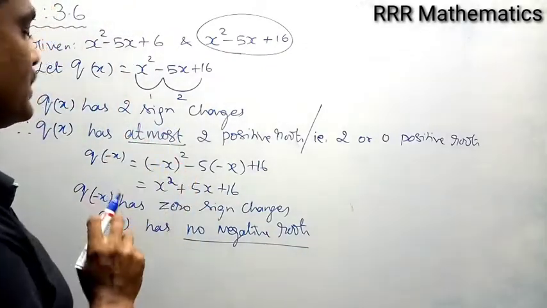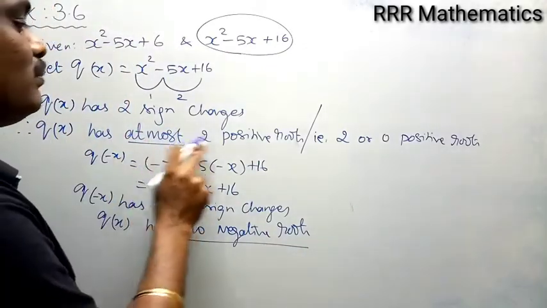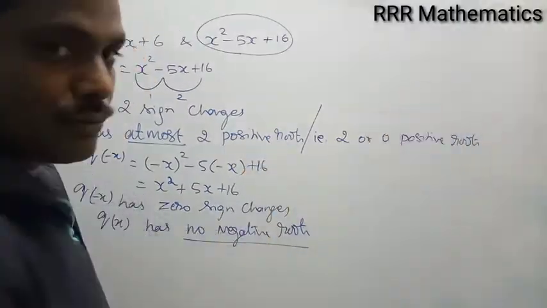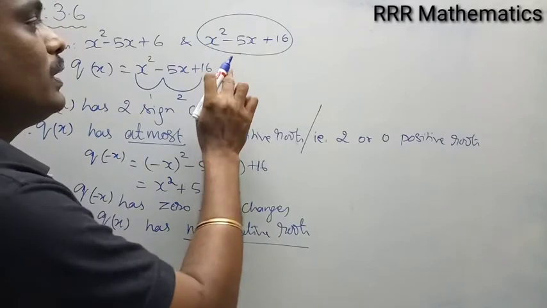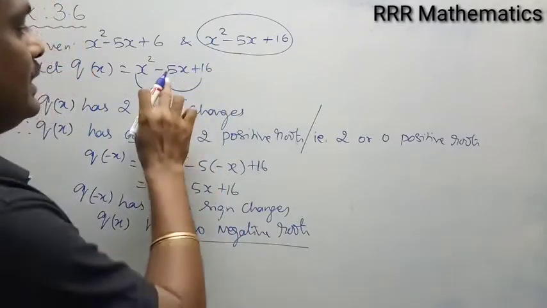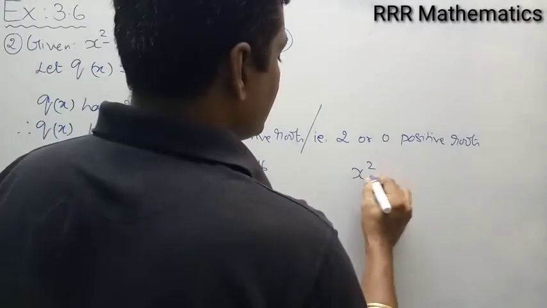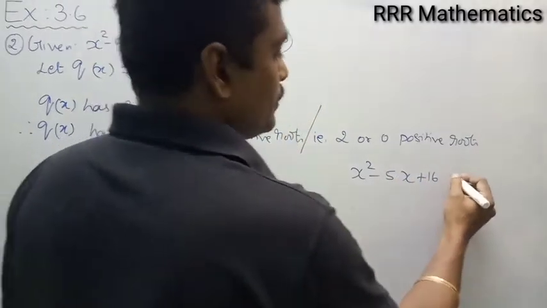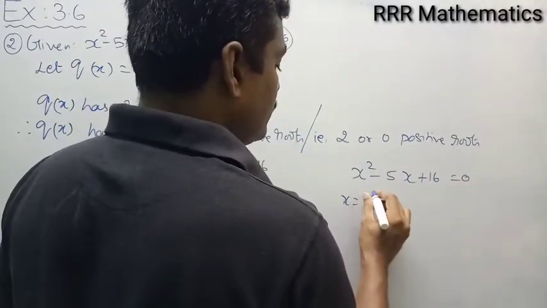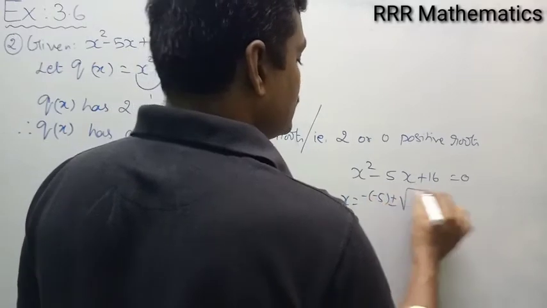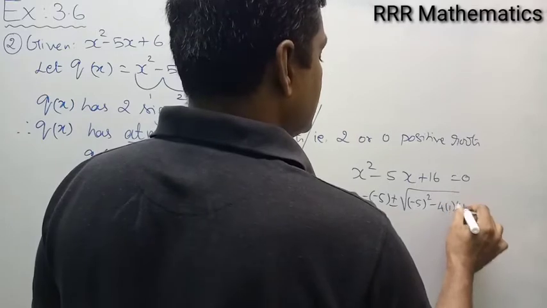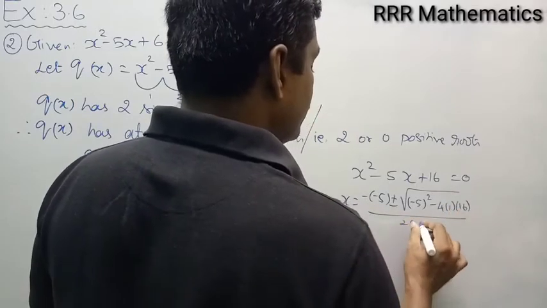Then talk about the positive roots. Q of x has at most two positive roots, maximum 2 or no positive roots. In this case, you wanted to draw the graph. It is a quadratic one. I can factorize like the previous one, so put 0, x equals minus b plus or minus root of b square minus 4 into a into c by 2a.